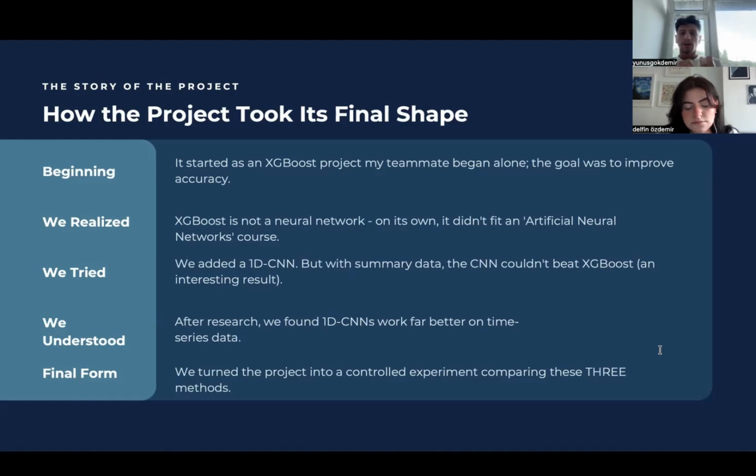Through research, we learned that convolutional networks really shine when they work on sequential, time-based data, not flat summary statistics. That insight is what turned the project into what it is now, a controlled comparison of three methods designed to isolate exactly what drives performance. So the final form wasn't an accident, it came out of a genuine process of discovery, including a result that confused us at first.